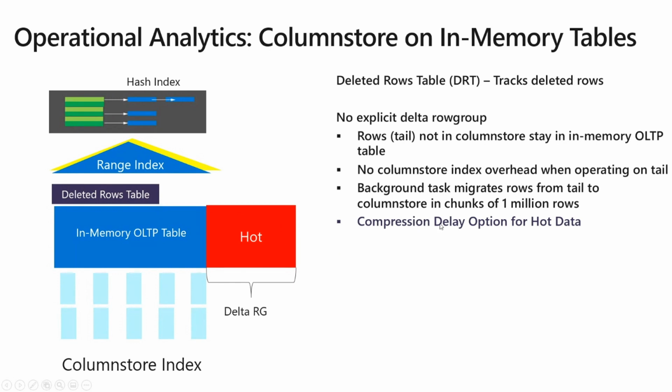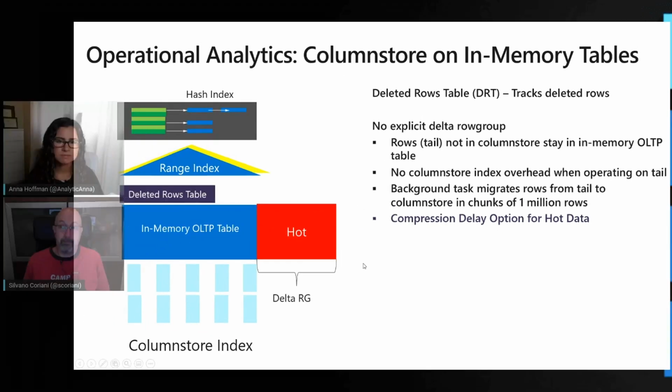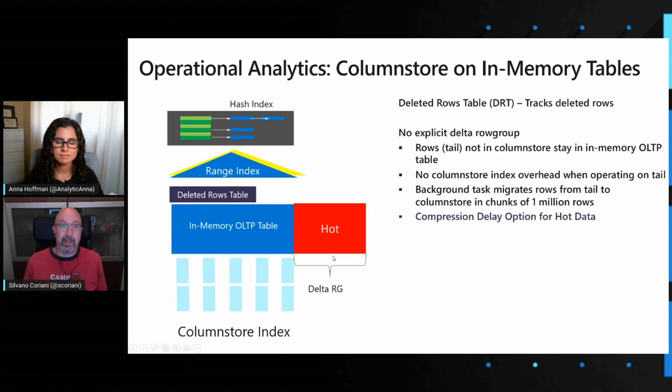We do have this compression delay option when we create this column store index that we can use to tune when the data are not hot anymore, but we want to move it into the column store structures. For example, after 10 minutes or 5 minutes or whatever is our threshold, we consider that data not hot anymore.